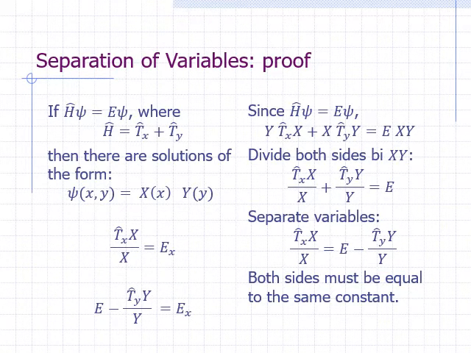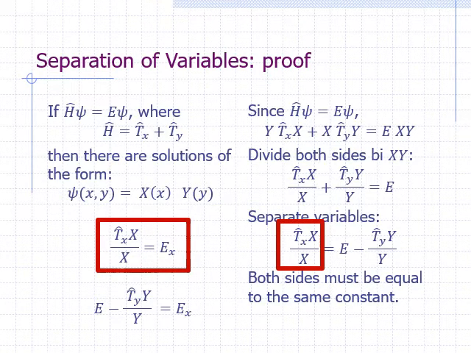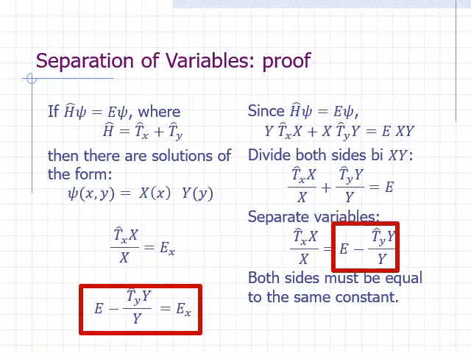For reasons that will become obvious, let's call that constant E sub x. So the left-hand side becomes T sub x hat X over X equals E sub x, and the right-hand side becomes E minus T sub y hat Y over Y is also equal to E sub x.